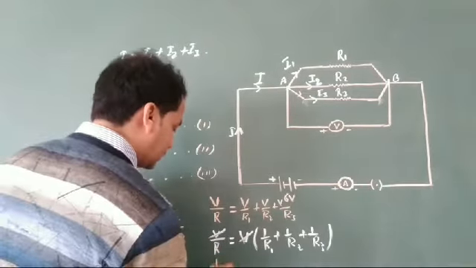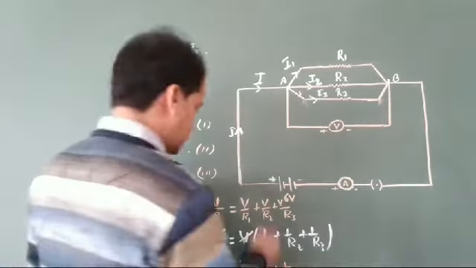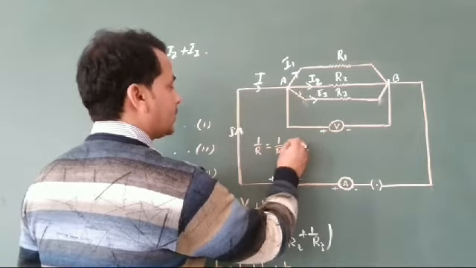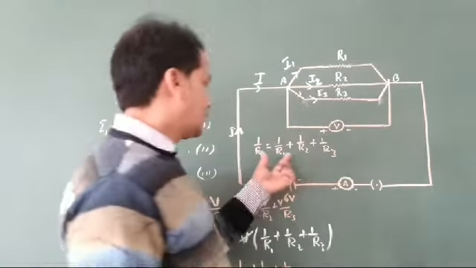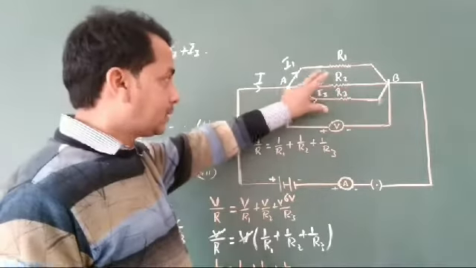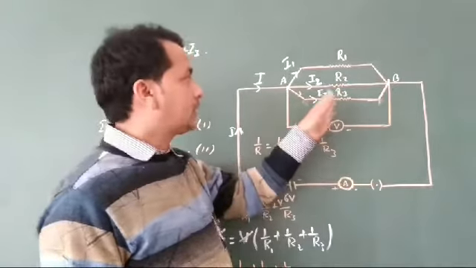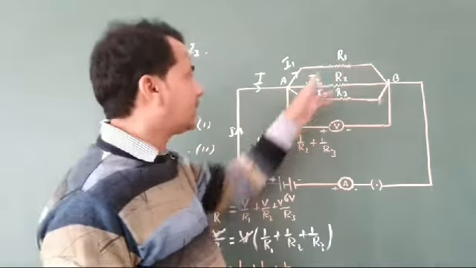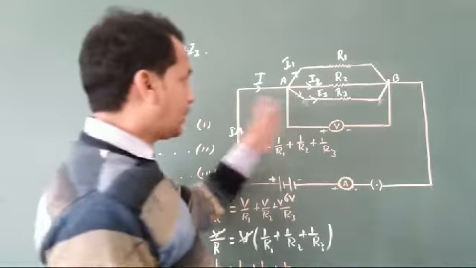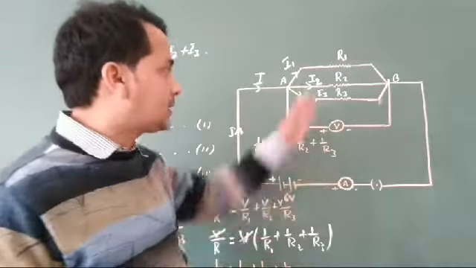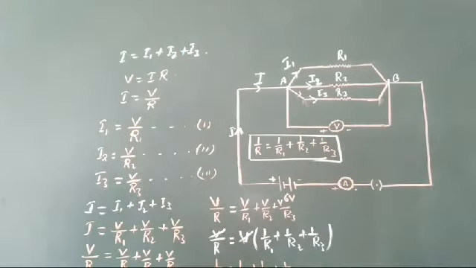Then 1 by R equals 1 by R1 plus 1 by R2 plus 1 by R3.